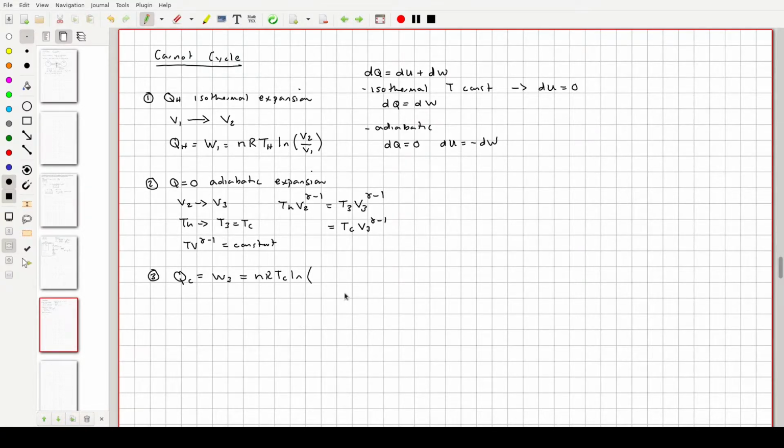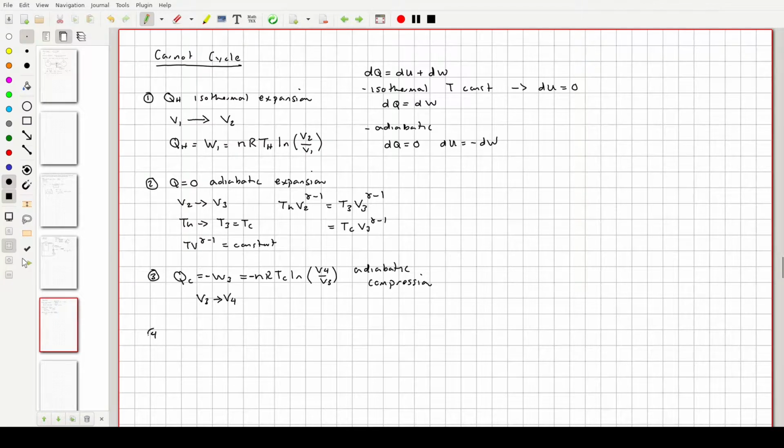Now, so here we're going from our volume V3 to a new volume V4. All right. So this is going to be isothermal compression. Now remember though, what's happening now is work is being done on the gas to compress it. So this is negative work. Okay, so our work here is going to be negative.